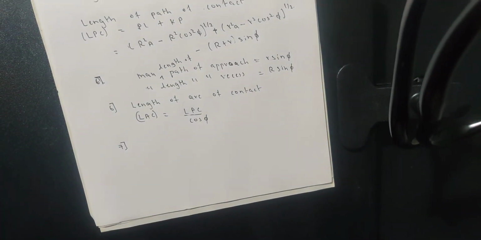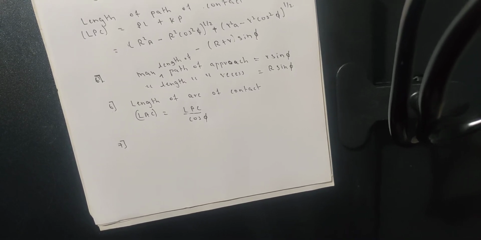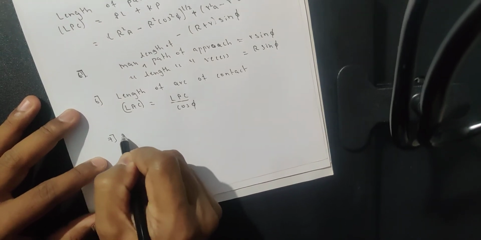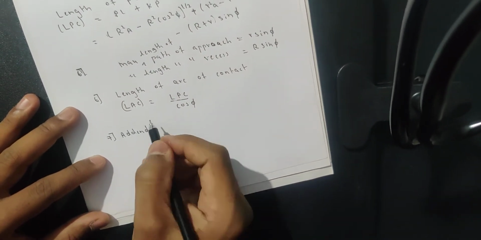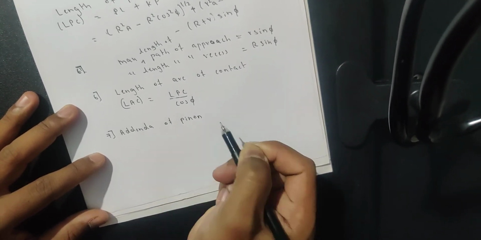Next we will deal with another two formulas, that is how to calculate the value of addendum. So, addendum of pinion. Pinion is whichever is the smaller gear.